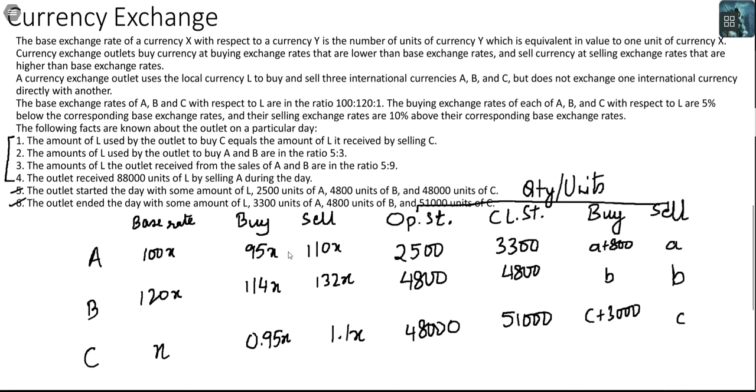Let me record it as 0.95x into C plus 3000 is equal to 1.1x into C. I can handily cancel out x. I can also handily cancel out the decimals to give me 19 and 22. So I get 22C is equal to 19C plus 19 into 3000, so 57,000. Okay. So 3C is equal to 57,000.